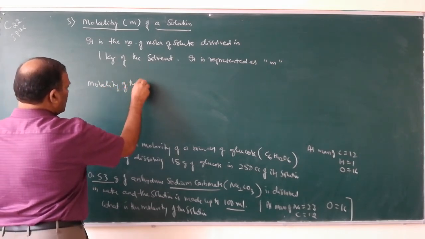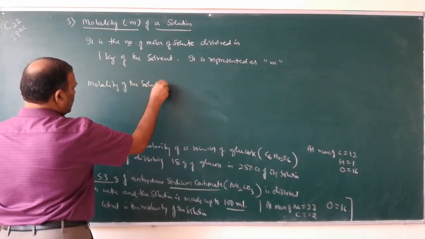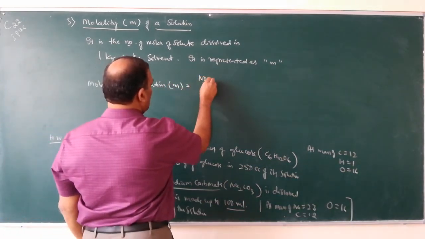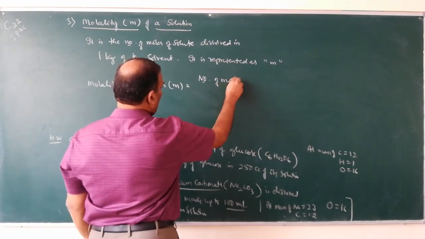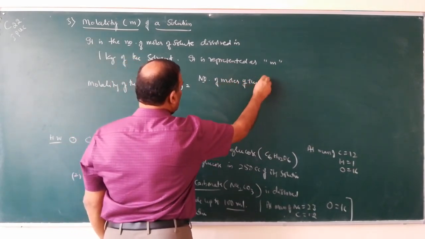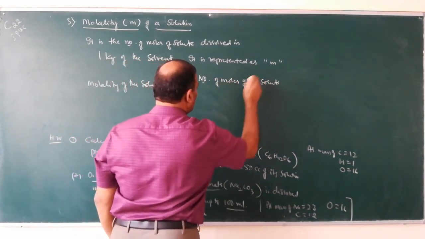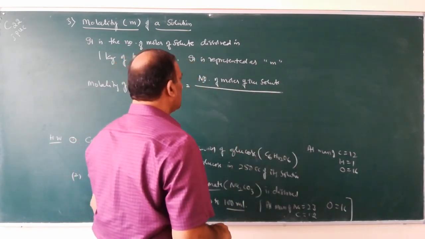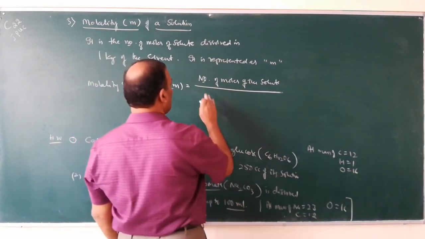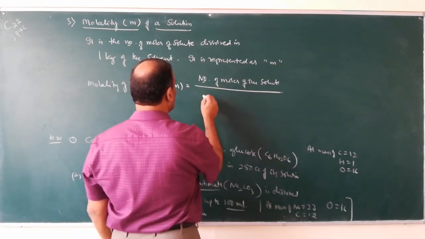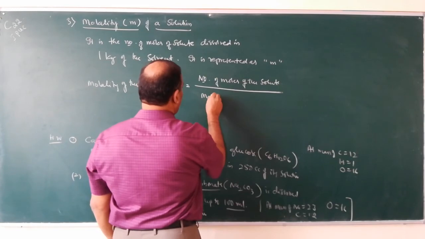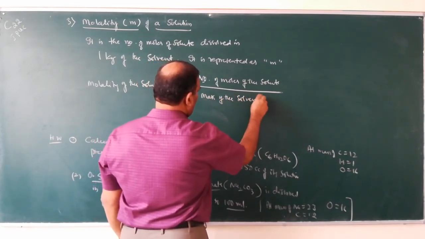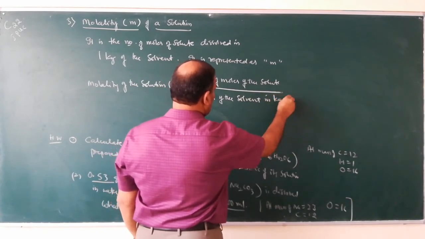Molality, m, equals the number of moles of the solute, calculated using the formula NB equals WB over MB, divided by the mass of the solvent in kgs.